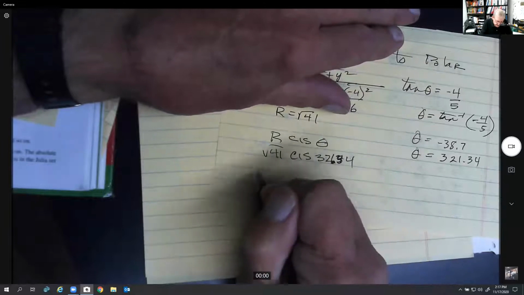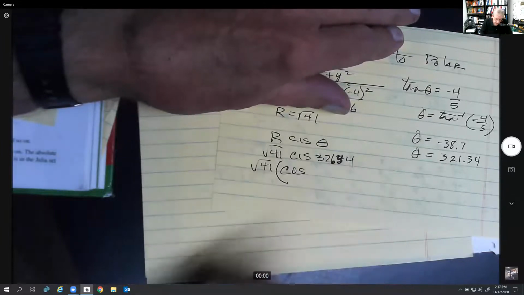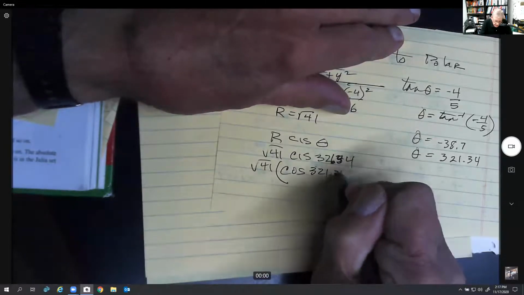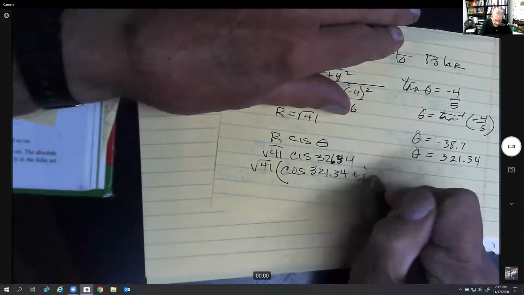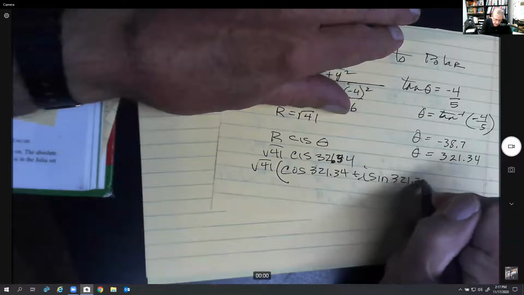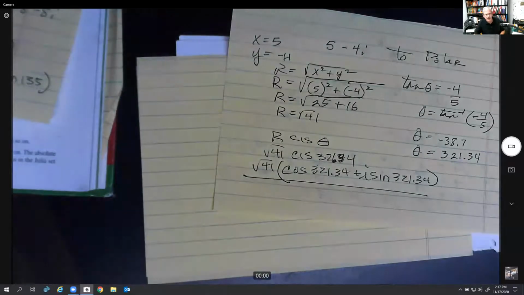Well, let's expand that out. Square root of 41 cosine, put a parentheses there, 321.34 plus i sine 321.34. And there you got it. You just translated it to polar form.